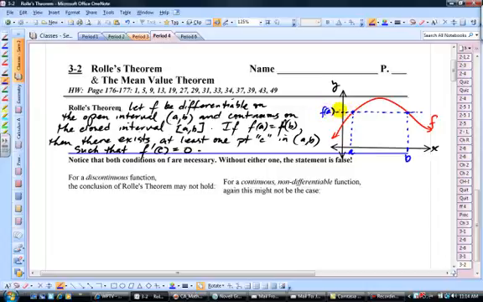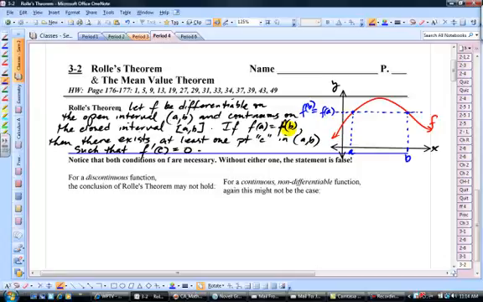So who sees that f of a is actually the same height or the same value as f of b? f of a and f of b are the same. Let's write that down. It's equal to f of b here. Now notice in the theorem, it says if f of a and f of b are equal, there exists one c. And where's c?